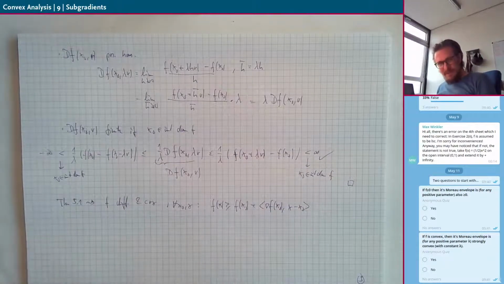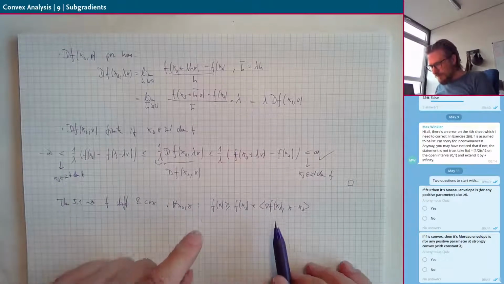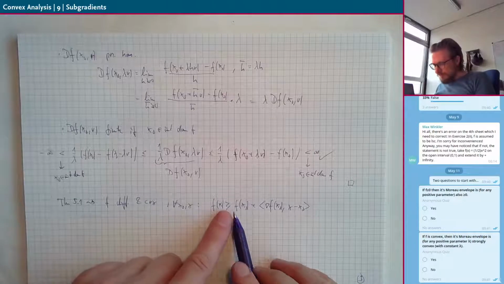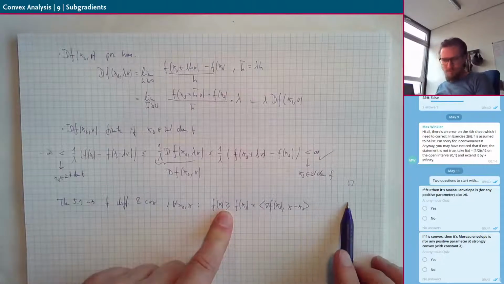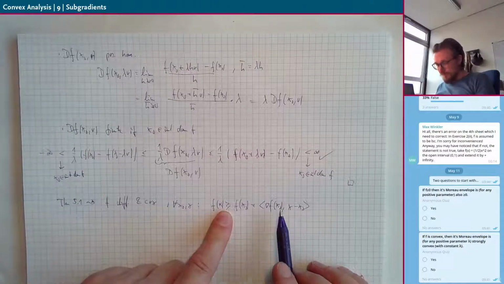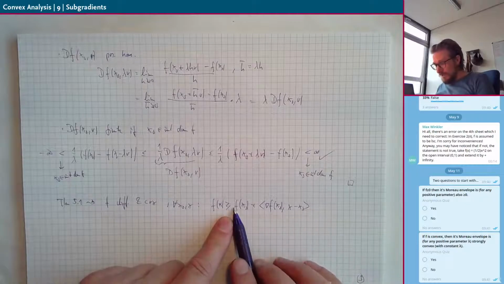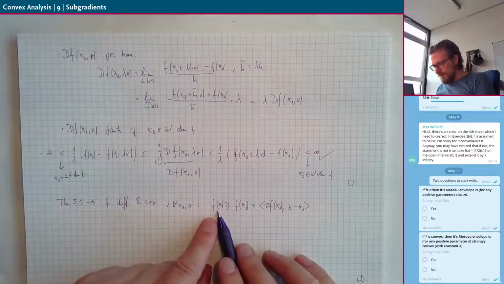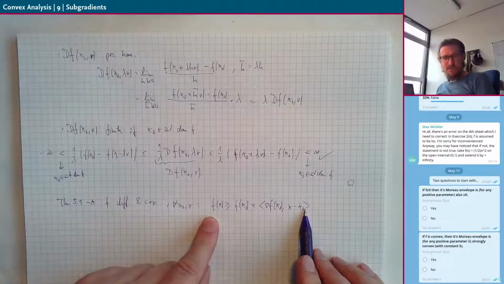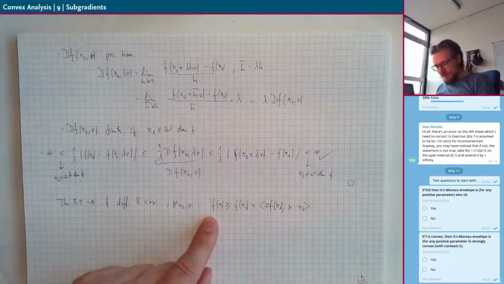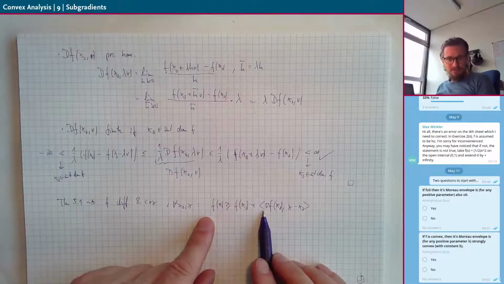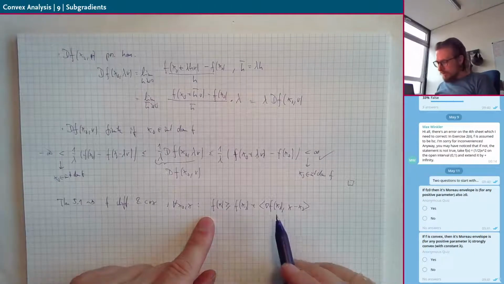So we already saw that. If it's differentiable and convex, you always have this. If it's only differentiable, you have an equality sign plus a small o of the difference x minus x0. So this is the first order Taylor approximation. For differentiable functions, you know that the difference of function minus linearization is small. And for convex functions, you know that the function is above its linearization.